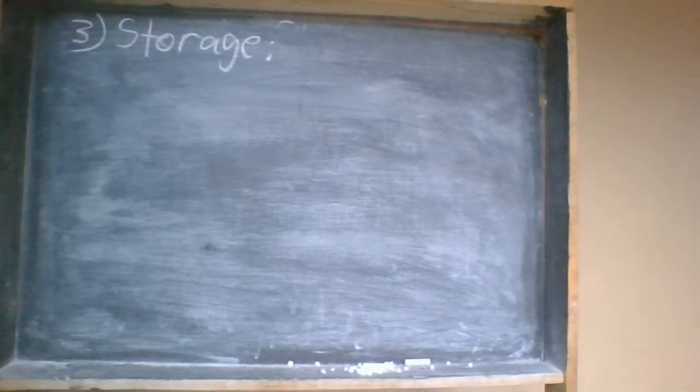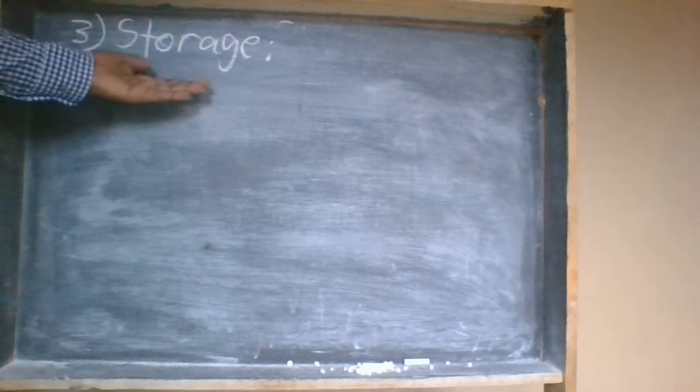Now a computer is composed of a storage device. This storage device, we are just talking about the memory of the computer, where that data which is being keyed in the computer is kept.